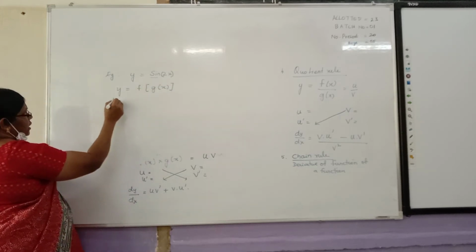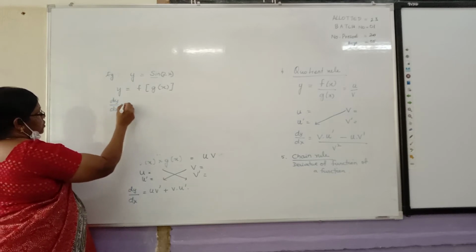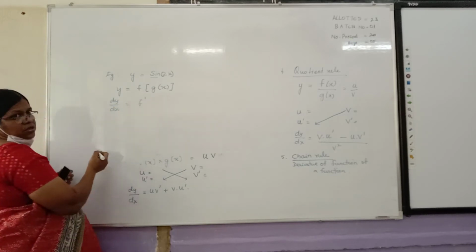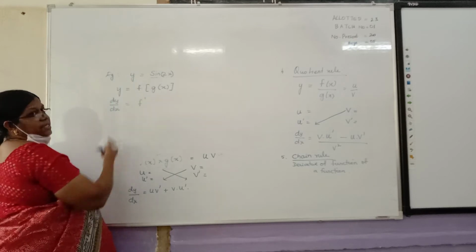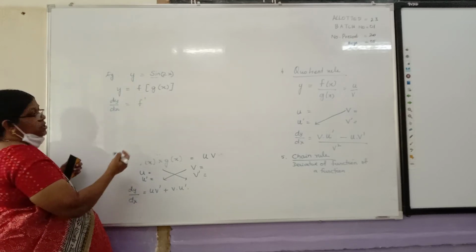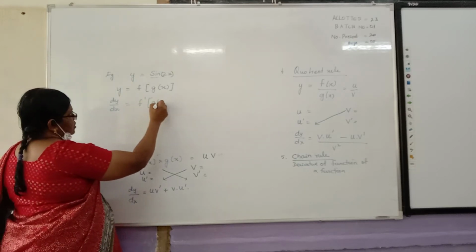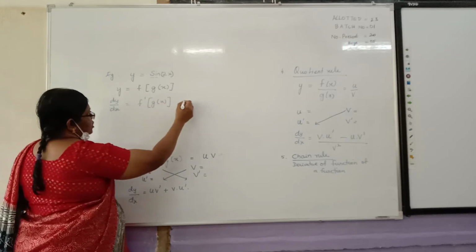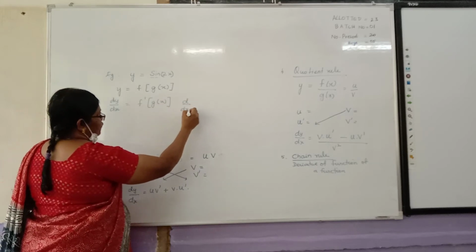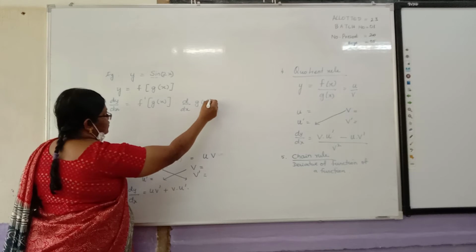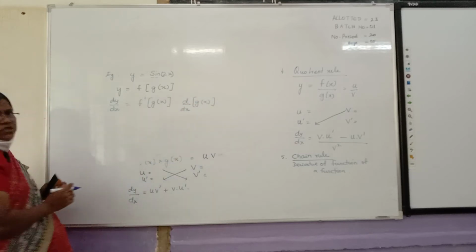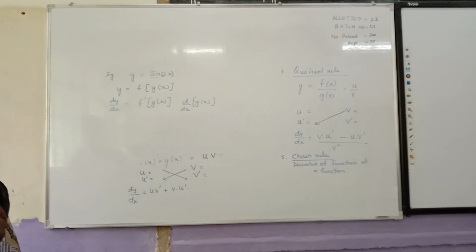So dy by dx is, first you differentiate f dash, differentiate sine to cos, with g of x, you should not separate the angle, into d by dx of g of x. Differentiate sine, cos 2x. Differentiate 2x, 2. So 2 cos 2x.